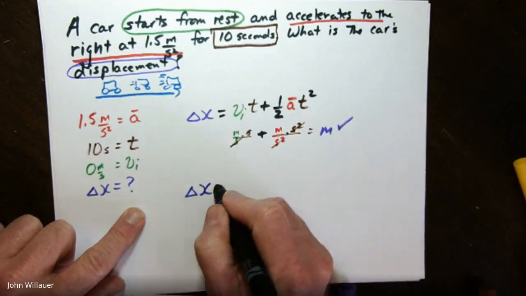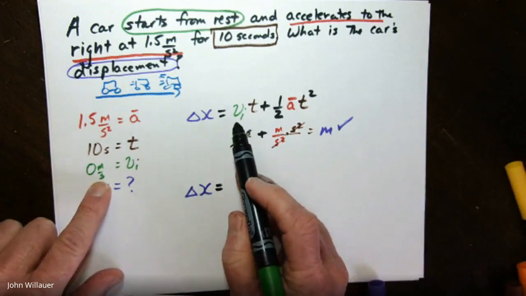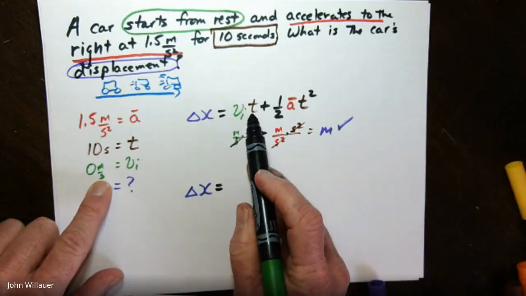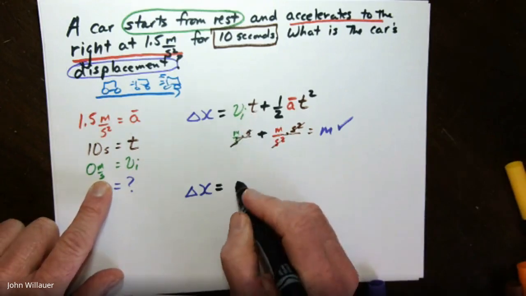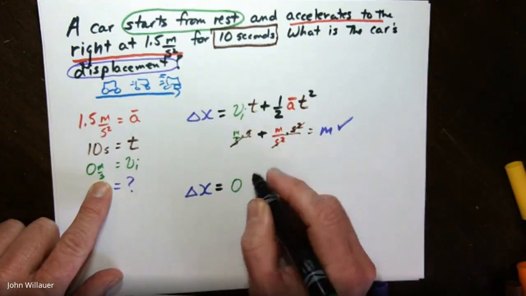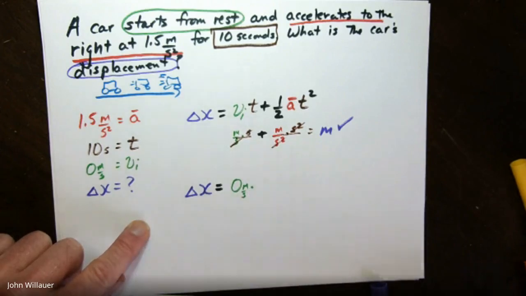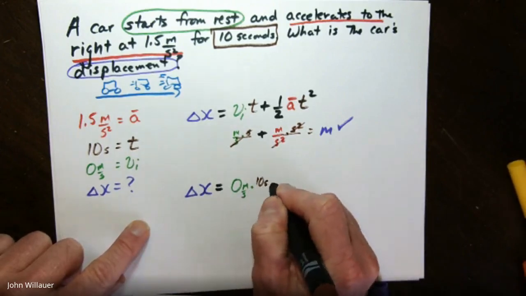So now all I have to do is put in my values and I can solve this question. My values that I would put in here, well, 0 times 10 seconds is 0. I'm not even going to put anything in there because I know that that's 0. Oh, we'll put it in. We'll put in 0 meters per second times our time of 10 seconds.